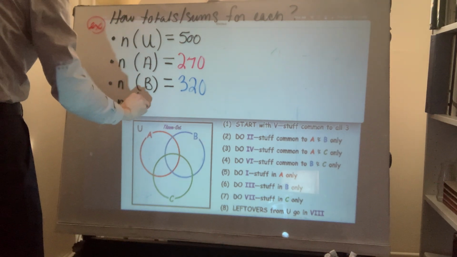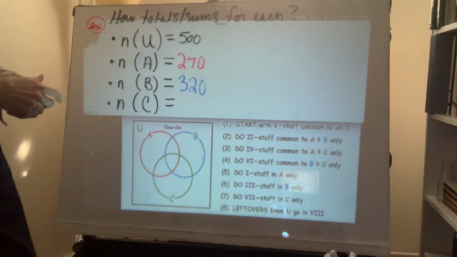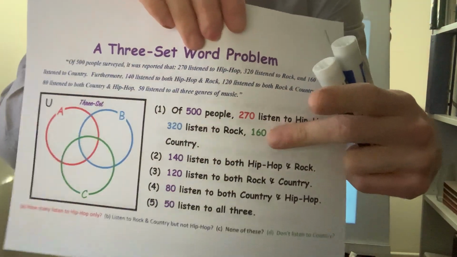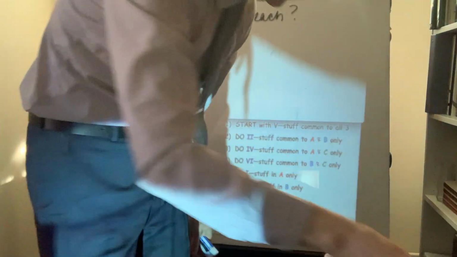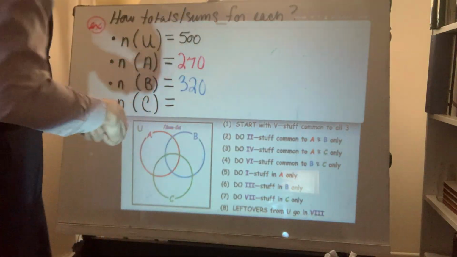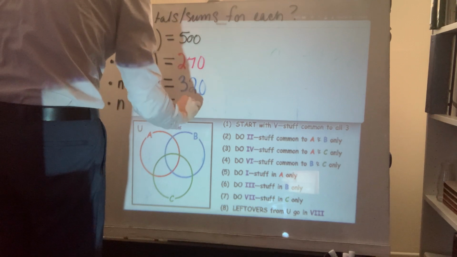Lastly, of our basic information, category C, the total people who like country music. The total people who like country music are 160. I'll put this in green, and there you have it, 160.